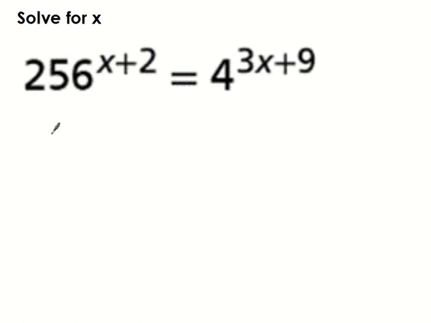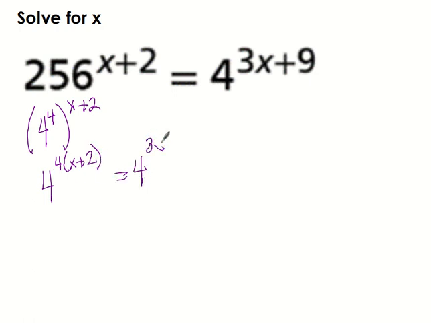So 256 is the same as 4 to the 4th power. And so then I would just change that and get x plus 2. But I'm going to use my power of powers, so I'm going to go 4 raised to 4 times x plus 2. And now that that's cleaned up, I can set it equal to here.